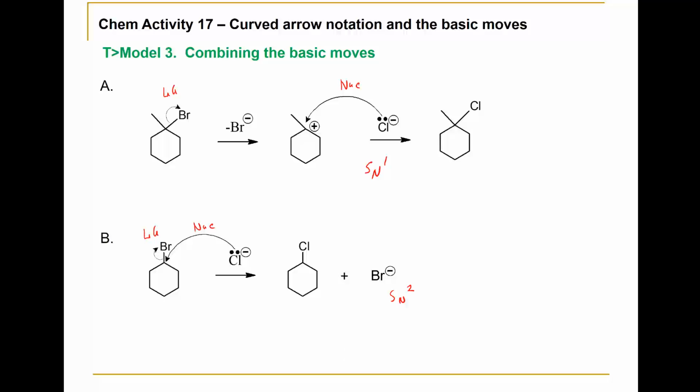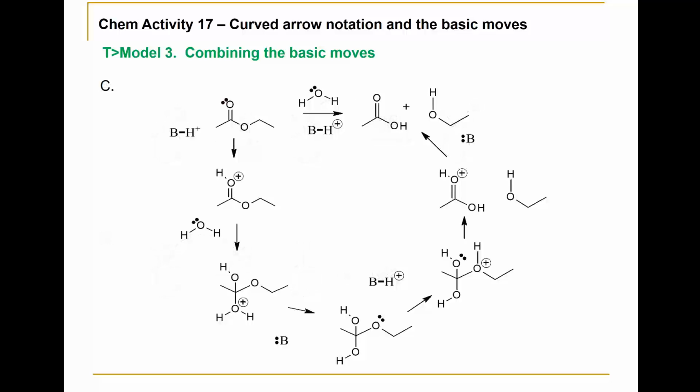But I would also like you to be able to look at examples like this, where I show you the product, but I don't include the curved arrows. I'd like you to be able to recognize how things have changed and to be able to include the curved arrows. Let's go through this example.